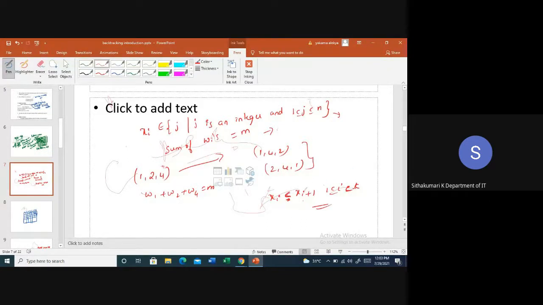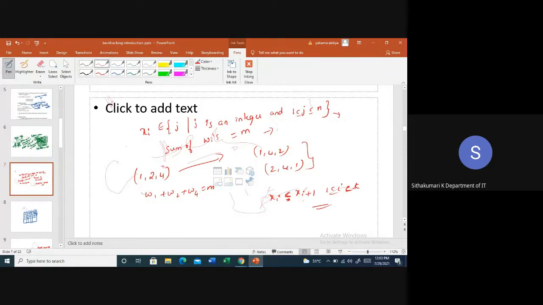This is a constraint we can give. The sum of all wi should be equal to m, and one more constraint is that the xi value should be less than xi plus 1. So this is one way of specifying the solution.